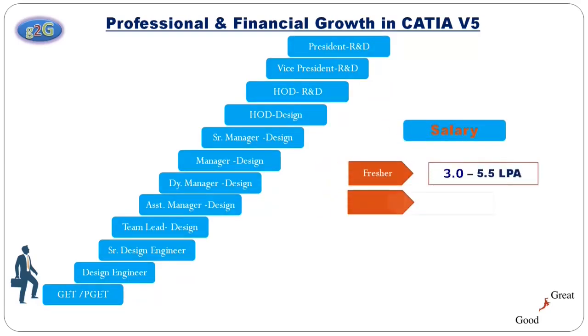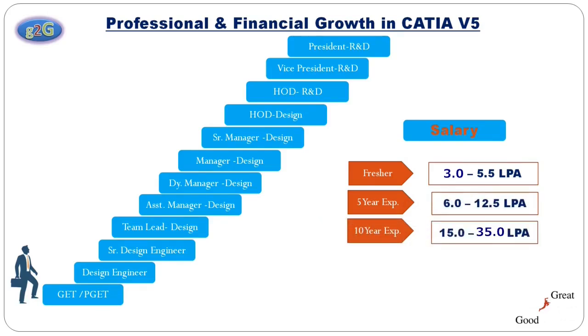Looking at the salary band, generally freshers get a salary starting from to 5.5 lakhs. 90 to 95% of the freshers start their career at a salary band of 3.0. Some companies give a little higher salary. As a fresher, you should be happy to start your career at around 3 lakhs.